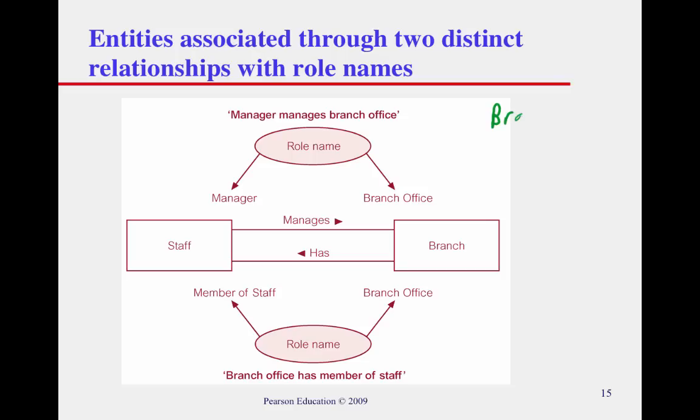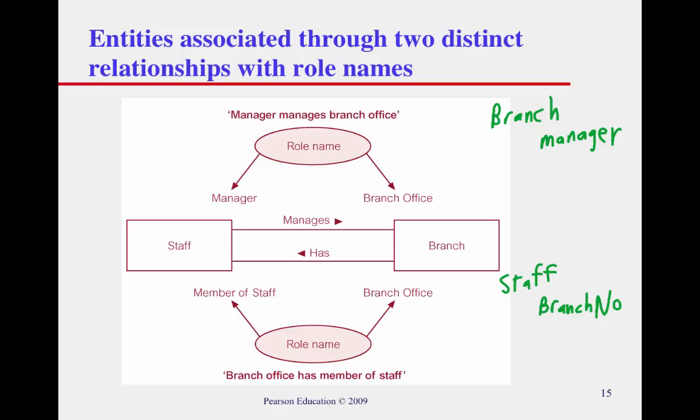If you remember, the branch relation had a manager as part of it. And for each staff, there is the branch that that staff member belongs to. And here again, because you have a circular relationship, you may go ahead and list the roles so it's clear what is going on.